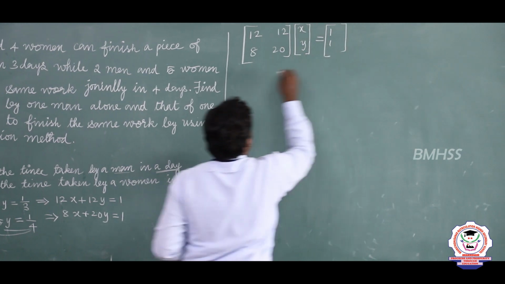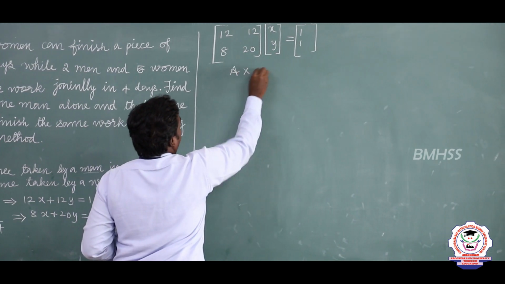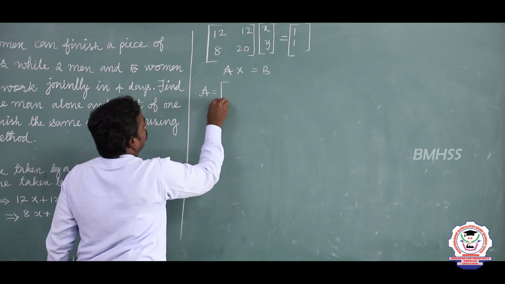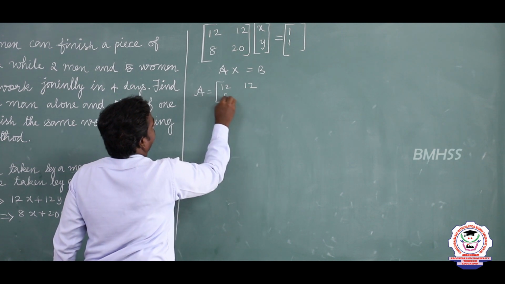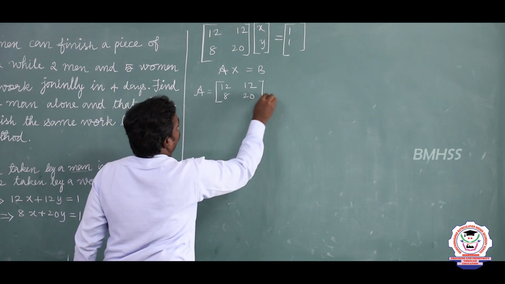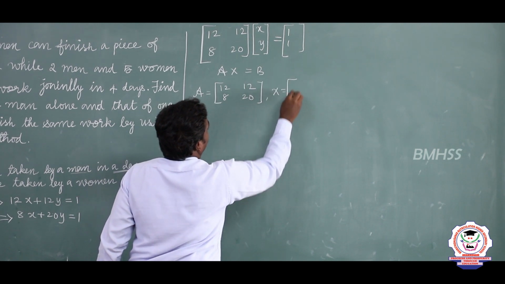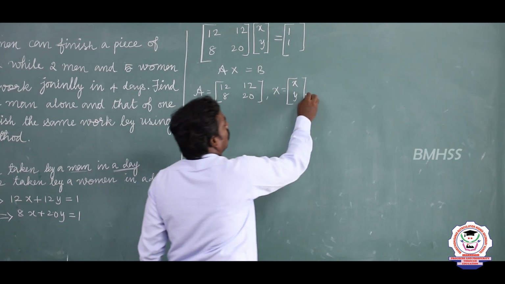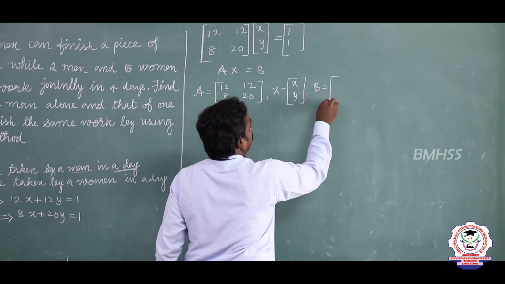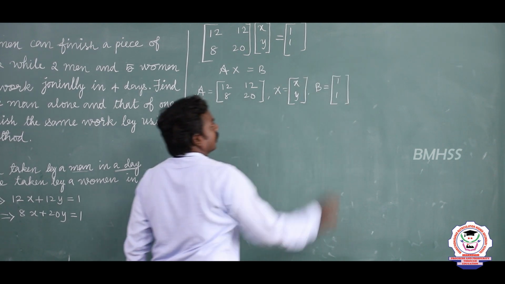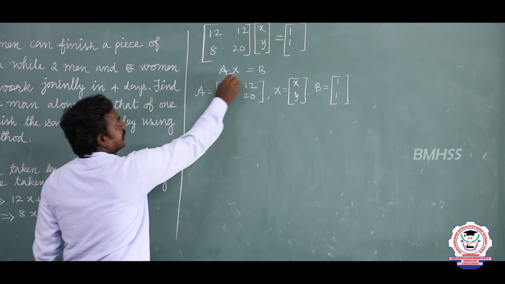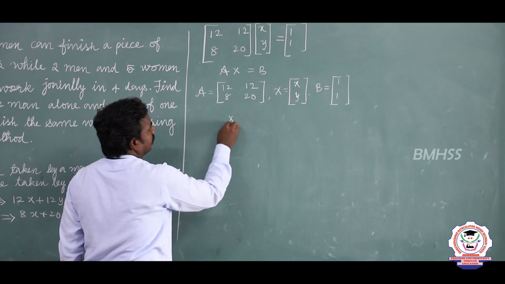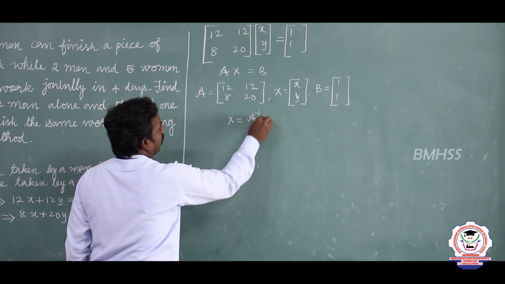It is in the form of Ax equal to B, where A matrix is the 2 by 2 matrix 12 12 8 20, X matrix is the variables x y, and B matrix is the column matrix 1 1. Now from Ax equal to B, I want to take A to the right hand side. So X will change as A inverse into B.